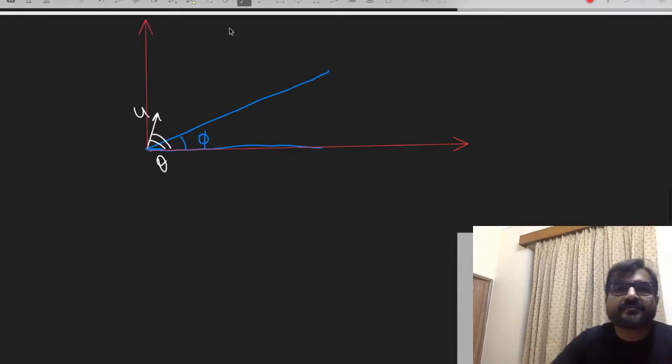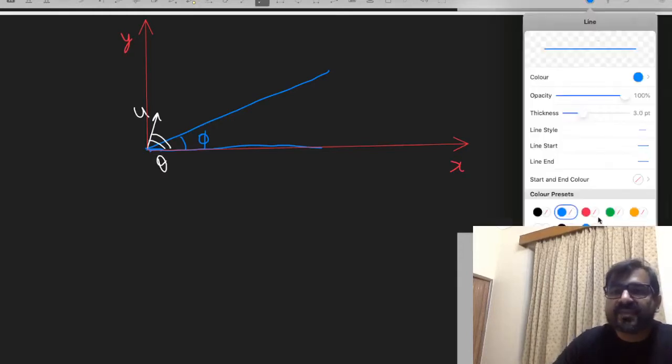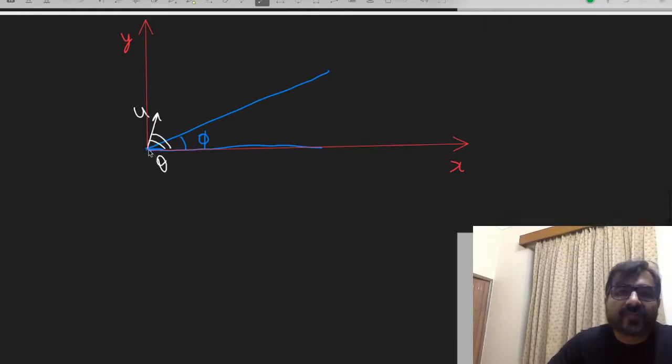X and Y. And there is another choice here for the axis, that is along the incline, along the incline.